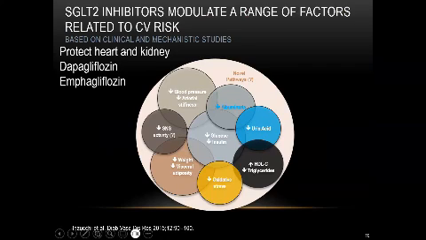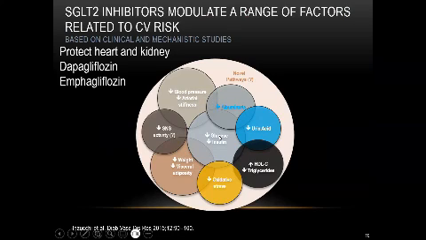So many times you have seen this slide. Whenever the patient has got a cardiovascular risk, to protect the heart and kidney, dapagliflozin and empagliflozin are routinely given. We have seen many times the multiple benefits of the SGLT2 inhibitor by excreting the sodium and also the glucose.